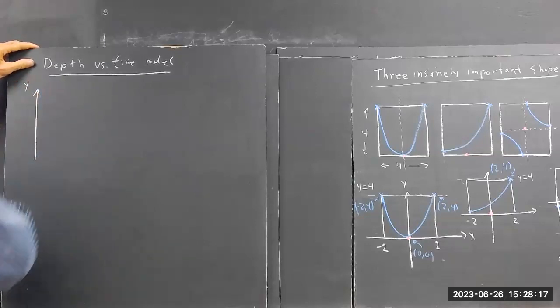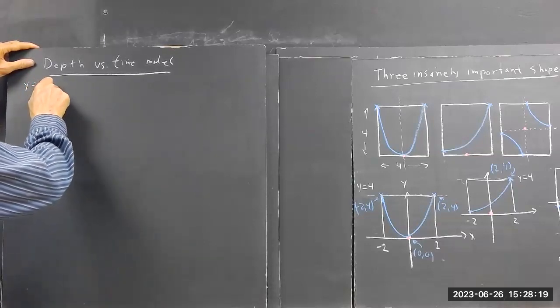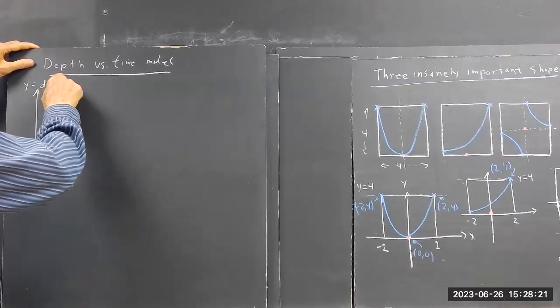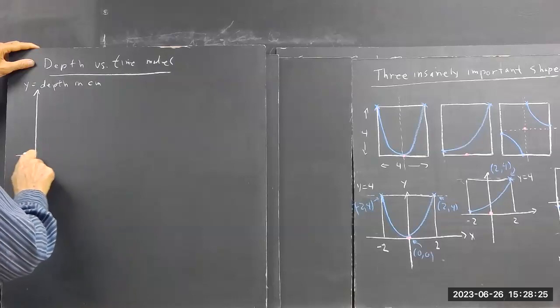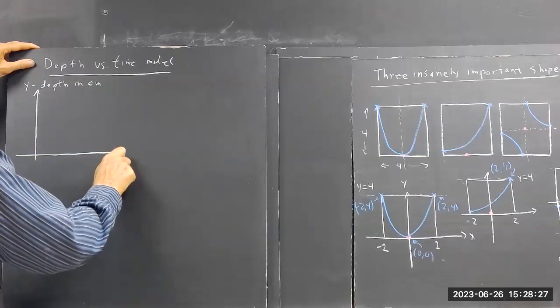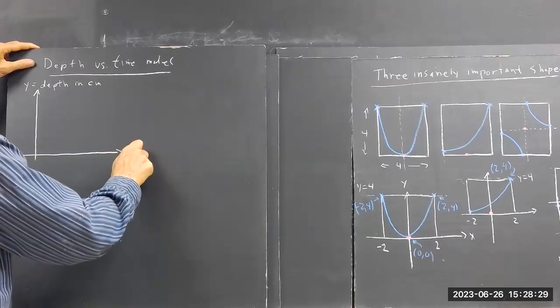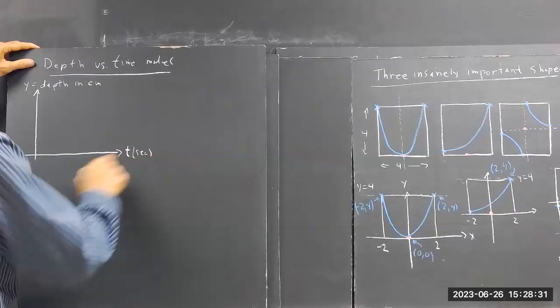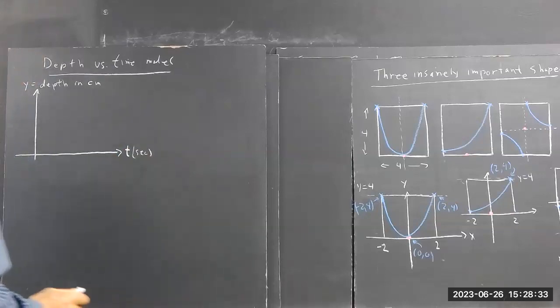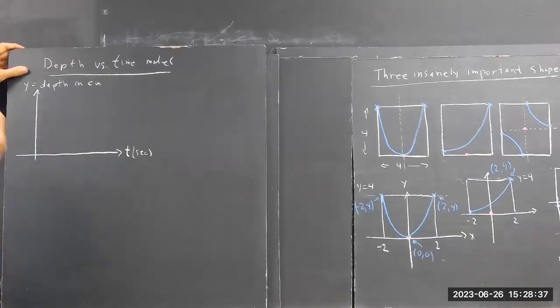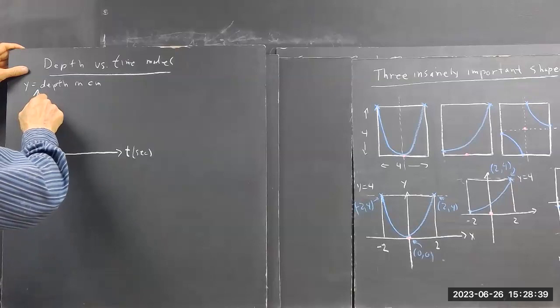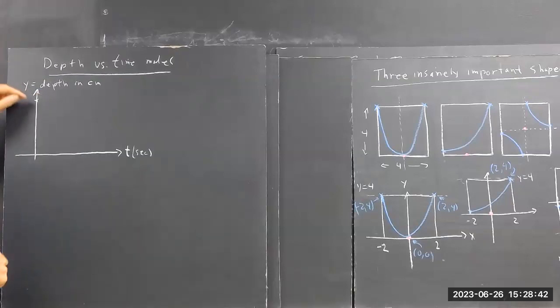Okay, so one of the parabolas looks like this. Let's let y equal the depth, let's say in centimeters. And we're going to use t instead of x, time, let's say, in seconds. Then at the t equals 0 point, we've got some depth.